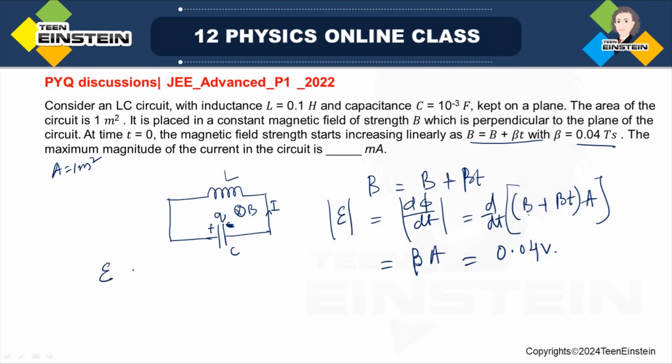This is EMF that will be equal to the voltage drop across the capacitor and across the inductor. So this is Q by C, this is equal to 0. Now as I have to find out current, this Q I have to somehow write in terms of current.